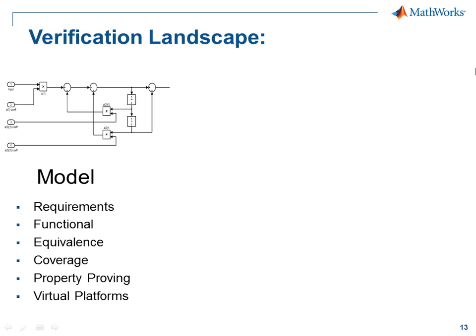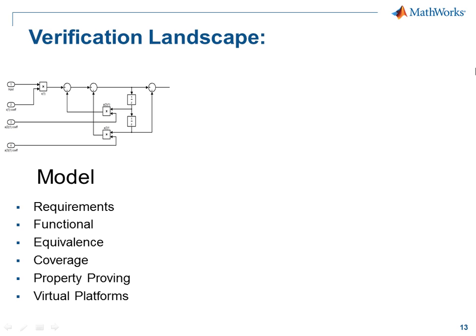I need to perform functional verification because in the end my model needs to perform the correct functional behavior. If I go through different refinement steps, I need to make sure that after every refinement my model is still equivalent to the previous steps in a sense, or stays within a certain defined error tolerance.